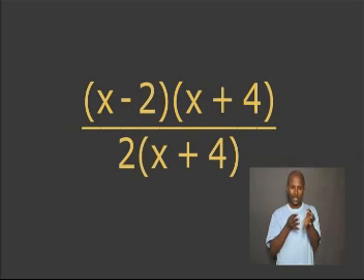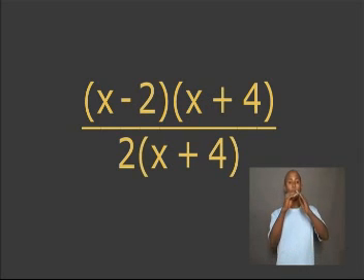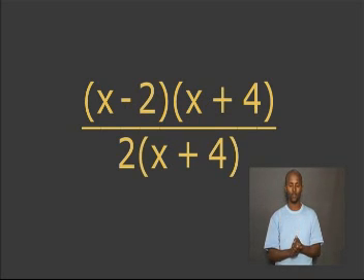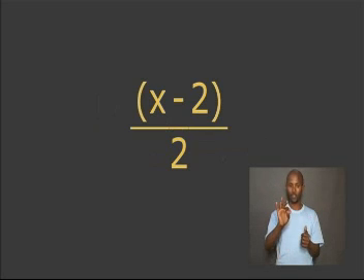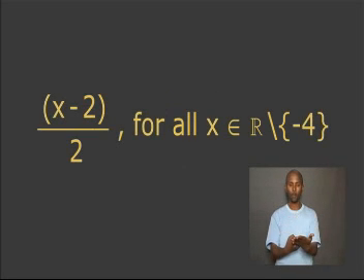The expression becomes x minus 2 times x plus 4 over 2 times x plus 4. Now we can cancel like terms. X plus 4 cancels out, leaving x minus 2 over 2. Therefore, x minus 2 over 2, for all x an element of the set of real numbers without the set containing -4.